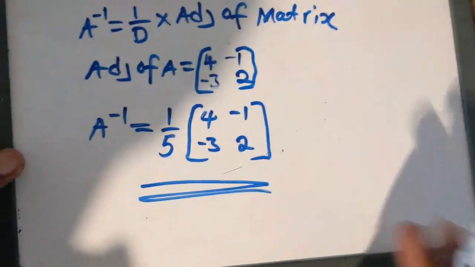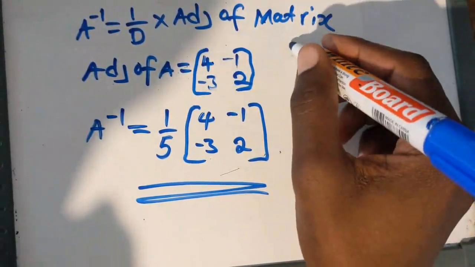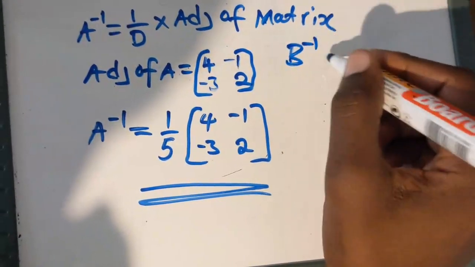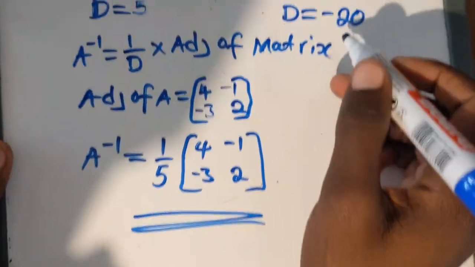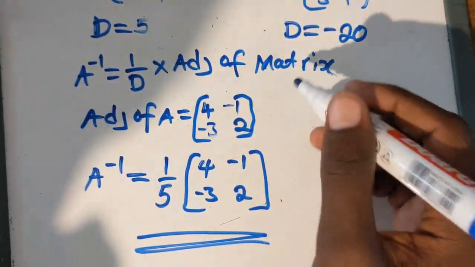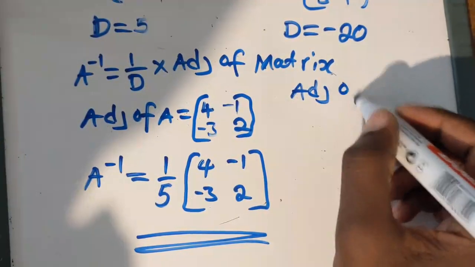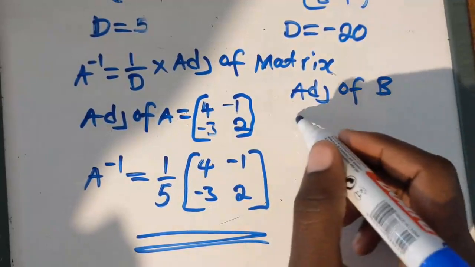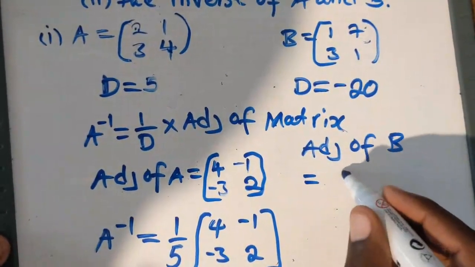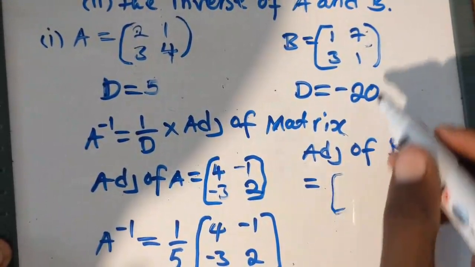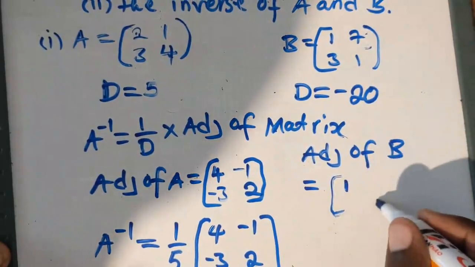So let's find the inverse of B. We have found the determinant already, so we need to find the adjoint. The adjoint of B, this is our B. The 1s swap, so it's just 1 like that.